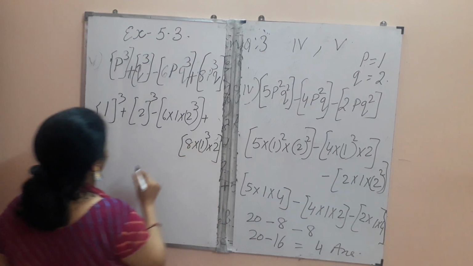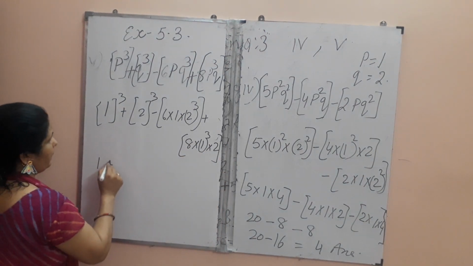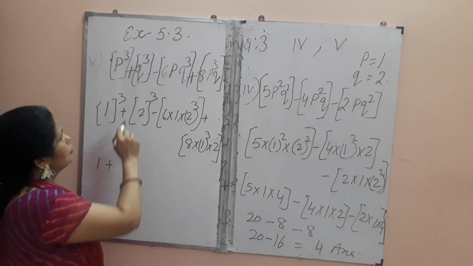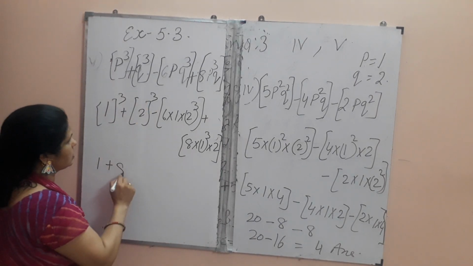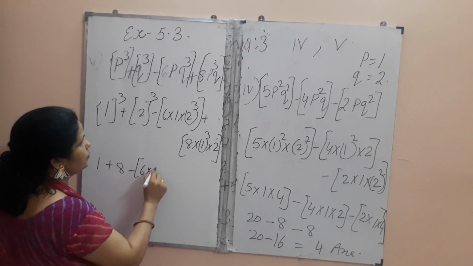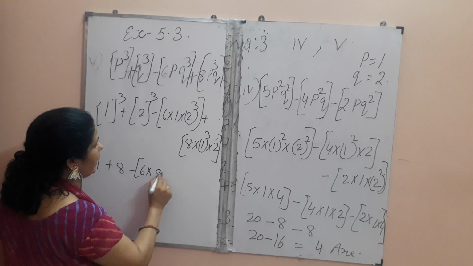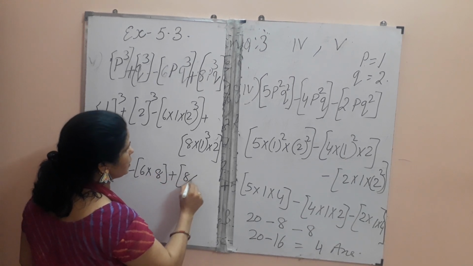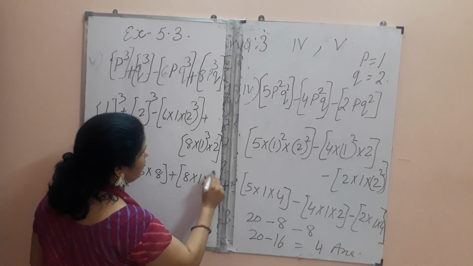Now we will solve it. 1 into 2. 1 cube means 1 into 1 into 1, that is 1. 2 cube means 2 into 2 into 2, that is 8. Minus 6 into 2 cube, which is 8, plus 8 into 1 into 2.